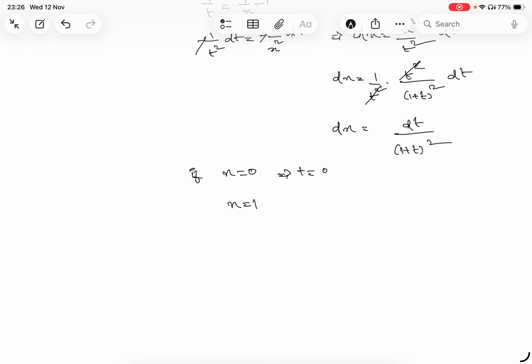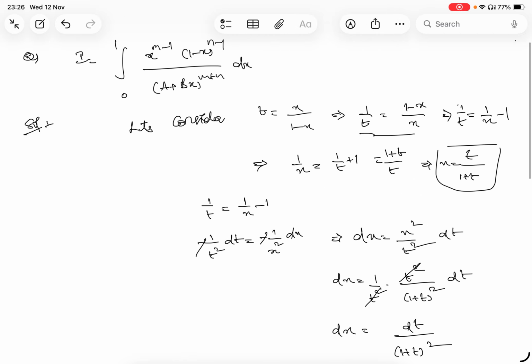Then if x equal to 1, that implies t tends to infinity.